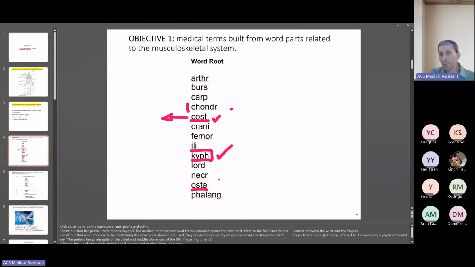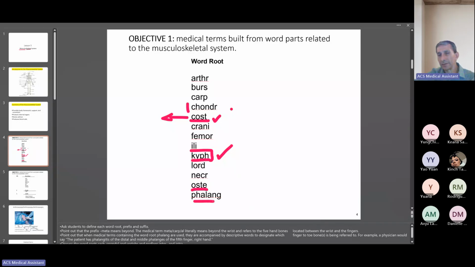Oste is bone. Osteo comes from bone. Later on, we have complete medical terms with the suffix, and then we're going to understand a little more about this word root.